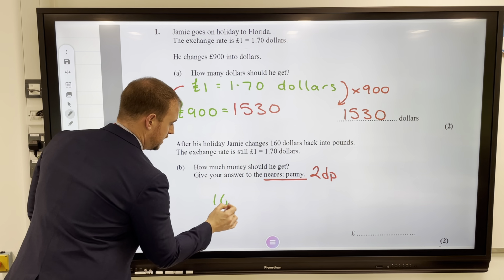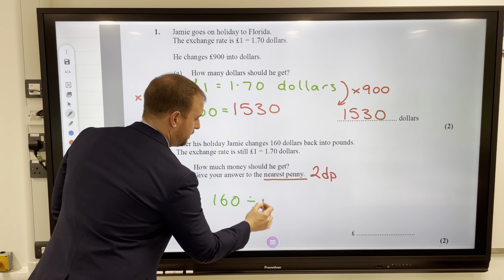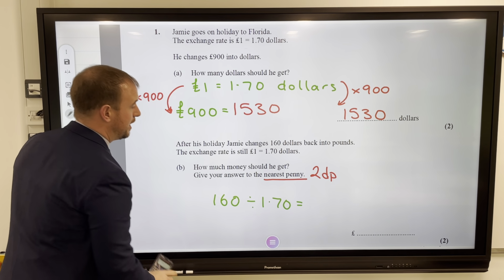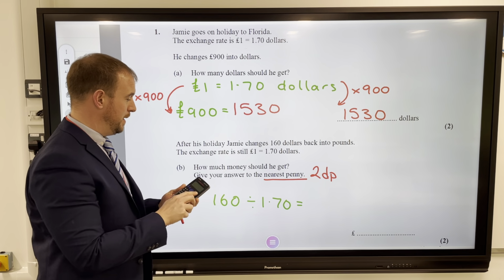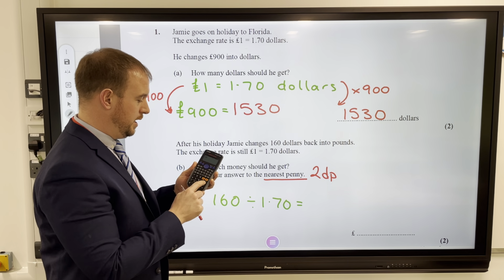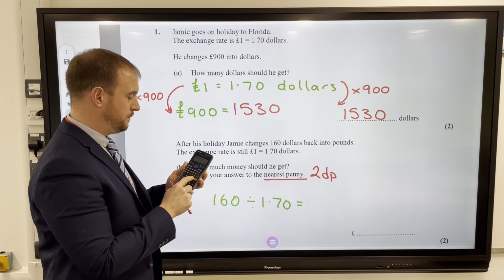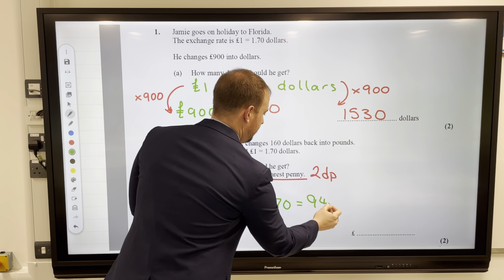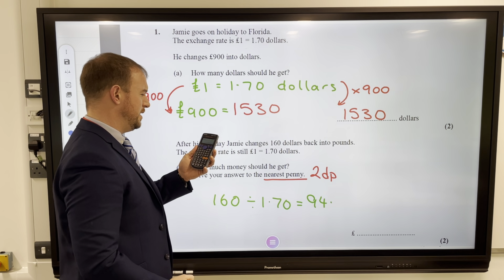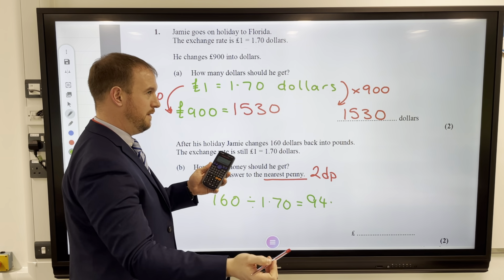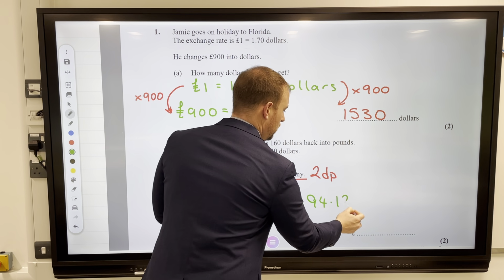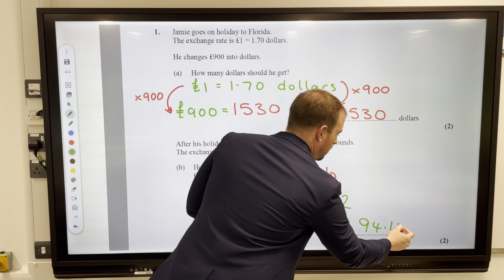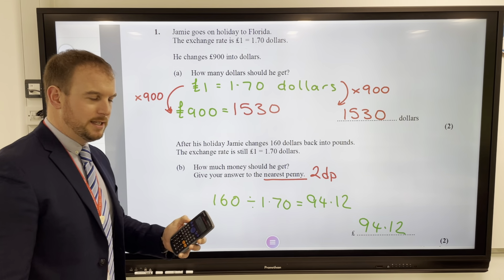So $160 divided by 1.7 gives 94.1176. Because it's money, 2 decimal places, so that'd be £94.12.